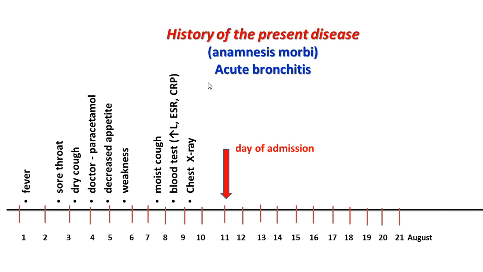You see, with this history of the present disease, you should ask from the beginning of disease till the present moment. Also, you should ask about the provoking factor of first symptoms.